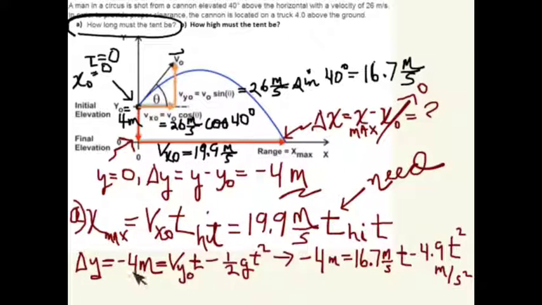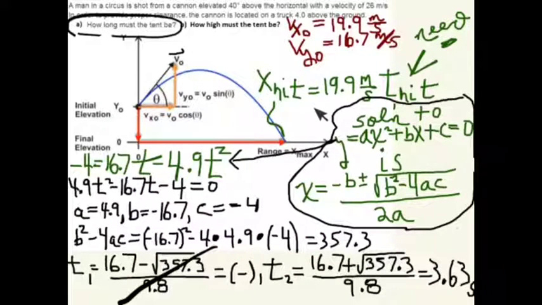So delta y, minus 4 meters, is vy naught t minus 1/2 the acceleration of gravity g times t hit squared. We put the numbers in, we get minus 4 meters is 16.7 meters per second times t minus 4.9 meters per second squared times t squared. We observe that this is a quadratic equation.